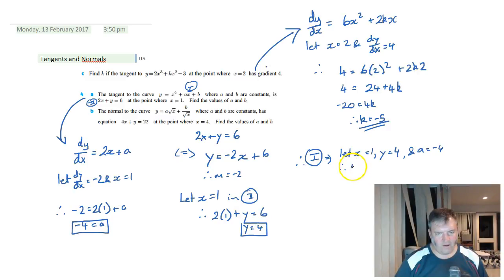Going ahead and working this one out, I'm going to have 4 equals, well, x is 1, so this is just going to be 1 plus negative 4 times 1 is negative 4 plus b. That's going to give me negative 3, so I add 3 to each side, and I've got b equals 7. The question asks me to find the values of a and b. a equals negative 4, and b equals 7.